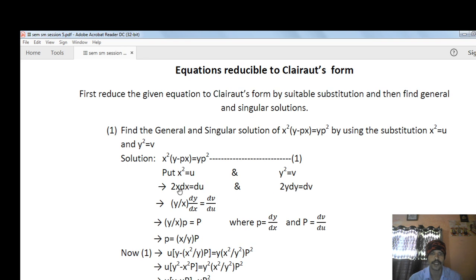Now LHS by LHS, 2 gets cancelled. y by x into dy by dx is equal to dv by du. y by x into dy by dx is small p. Now represent this derivative by capital P, where small p is dy by dx and capital P is dv by du. Now small p is equal to, cross multiply, x by y into capital P.